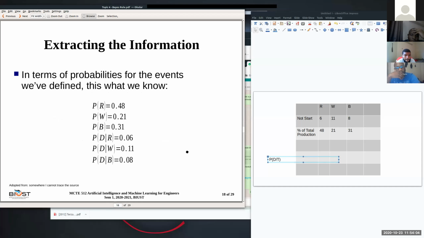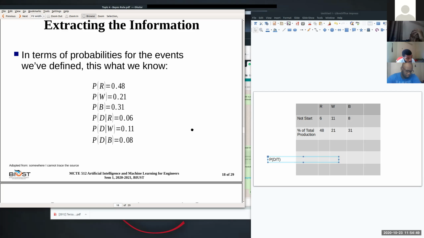So the probability that it is from the red line is given already, the probability that it is from the blue line is 0.31, and from the white line is 0.21. Now the defective given red, D given R, is 0.06. Defective given white is 0.11, and defective given blue is 0.08. That one we know, based on the table.